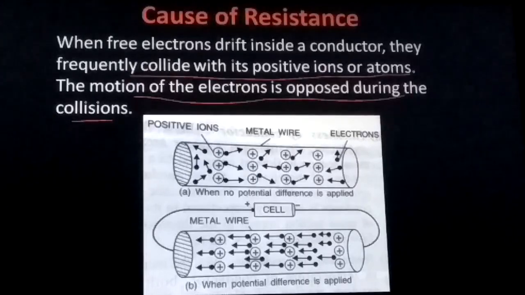Observe here, the electrons are colliding with the ions. There is no particular direction for the electrons. Therefore, as a result, there is no flow of current in a particular direction.